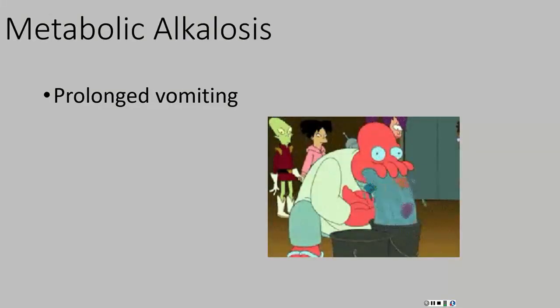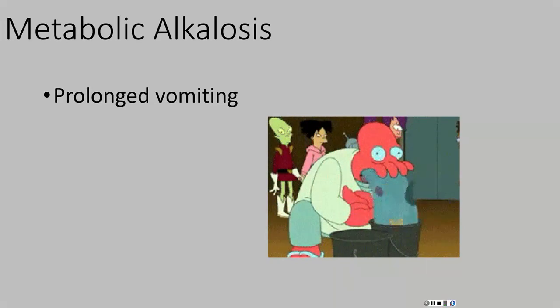Metabolic alkalosis can come from something like prolonged vomiting. Well, in this case, when you're vomiting, food is coming upward from your stomach, where it's got that acid mixed in with it. It hasn't yet left your stomach into your intestines. So in this case, instead of losing too much alkaline contents like diarrhea, vomiting leads to losing too much acidic contents.